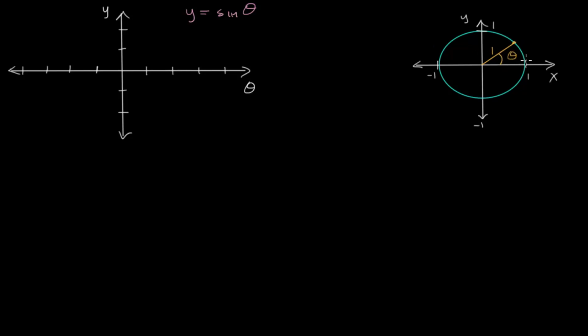We measure positively going in the counterclockwise direction and negatively in the clockwise direction. And the coordinate point x comma y on this circle, at any point on the circle, the x value is the cosine of the angle, and the y value is the sine of the angle.